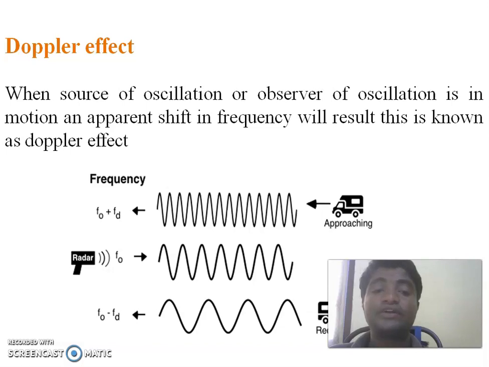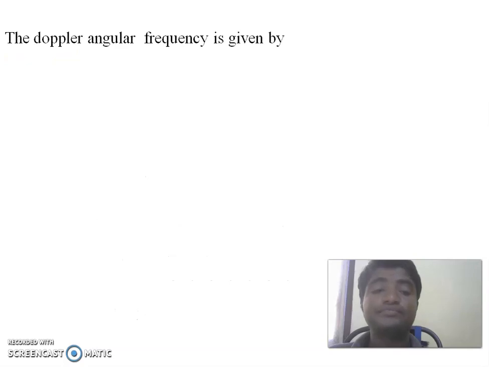And what is wavelength? One wavelength corresponds to the angle of 2 pi radians. Therefore, total angle is given by 2 pi into 2r by lambda, that is 4 pi r by lambda.